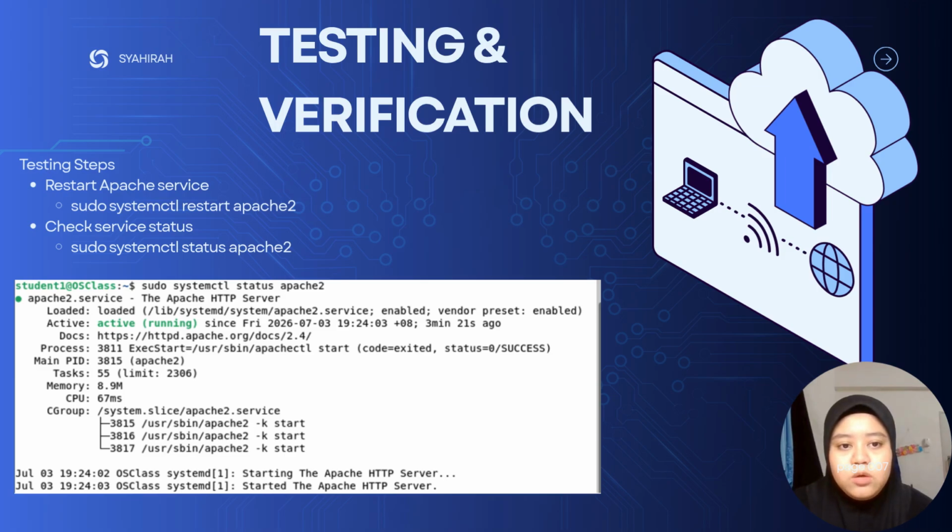After completing the configuration, I restart Apache using the sudo systemctl restart apache2 command. Then I check the service status using sudo systemctl status apache2 to make sure the service was running successfully.